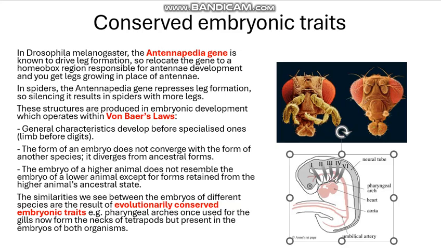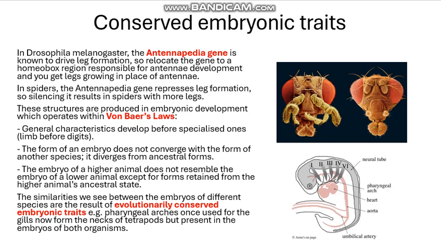You can see these structures labeled the pharyngeal arches that look a bit like gills on the neck of the embryo. These pharyngeal arches are present both in fish embryos and in human embryos.